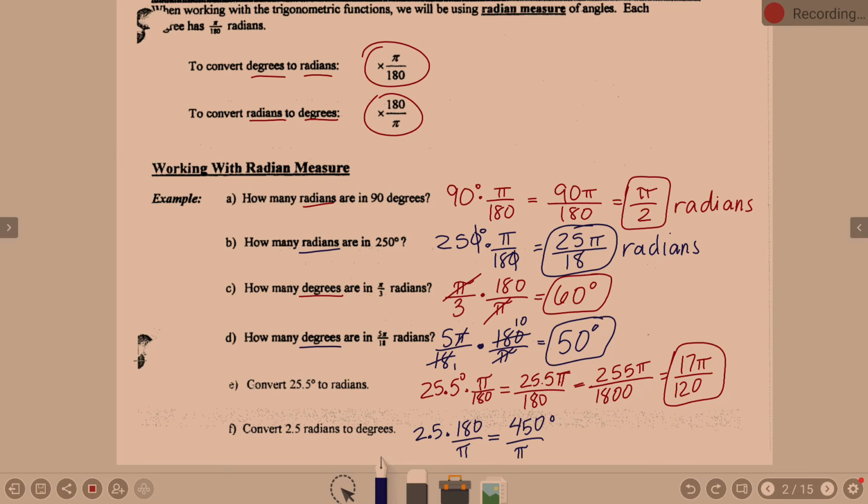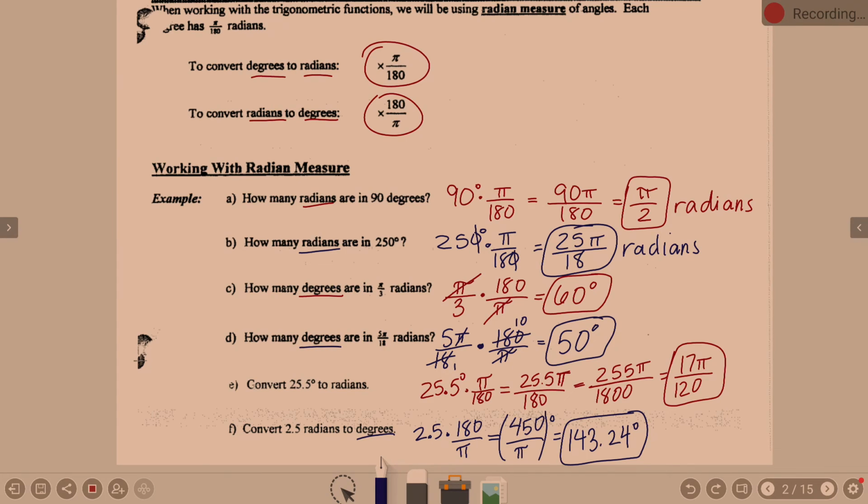So in this case, since we're trying to go to degrees, I would probably go ahead and divide it out. So what is 450 divided by pi? 143.24, so 143.2 degrees.